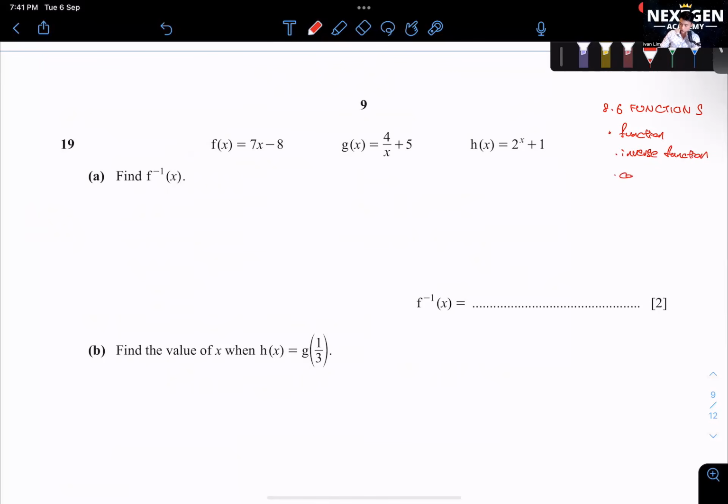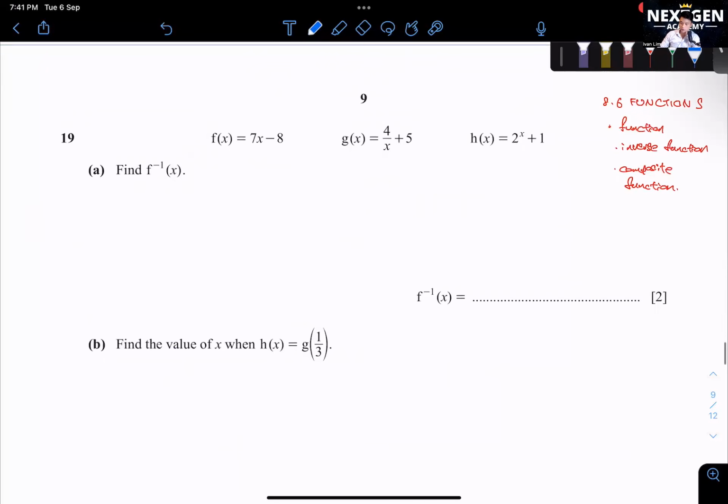So you'll go and recap all of this in 8.6. For f inverse x, this is a very, very fixed method. Crystal, can you watch the recordings later? Or you can just use the PDF to watch back.